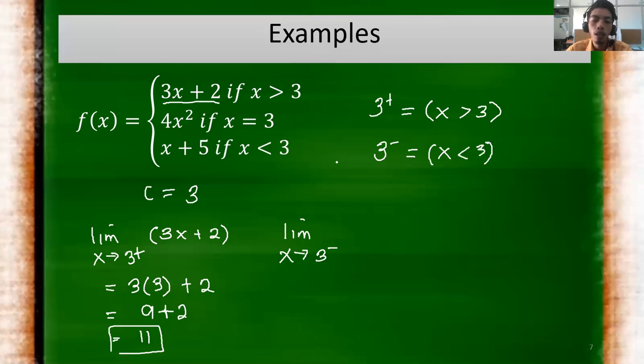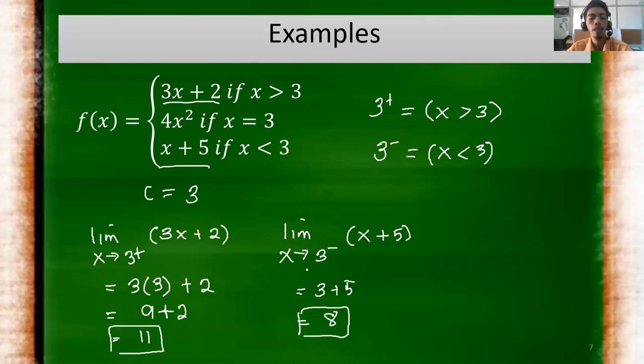So in the given, x less than 3 satisfies the function x plus 5. So we are going to use the function x plus 5. Okay. So after that, we are going to substitute 3 for x. So you have 3 plus 5. And then 3 plus 5 is 8.